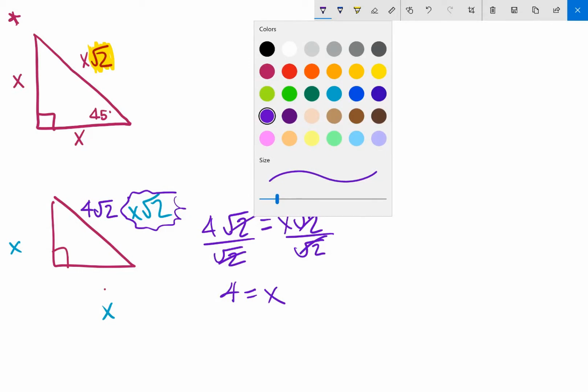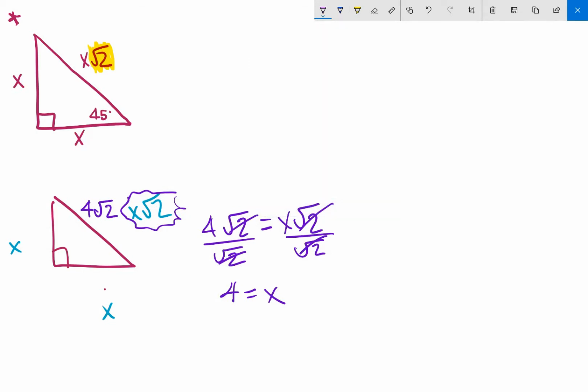Now, a slight variation to that is, let's say that our hypotenuse instead is just a number. So let's say it's 10. Okay, so if my hypotenuse is 10, I take its value and I set it equal to the rule. So because it's 10, it is equal to x square root 2.